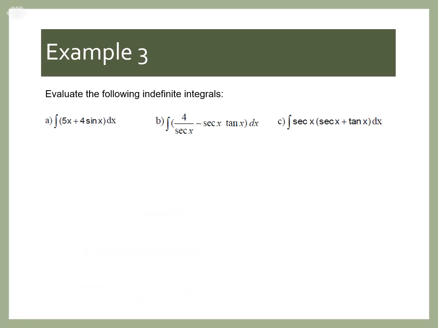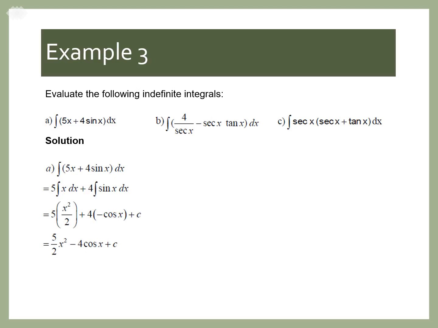Refer to example 3. Evaluate the following indefinite integrals. For a, integrate 5x, the answer is 5x squared over 2, and integrate 4 sin x, the answer is negative 4 cos x, then plus c.